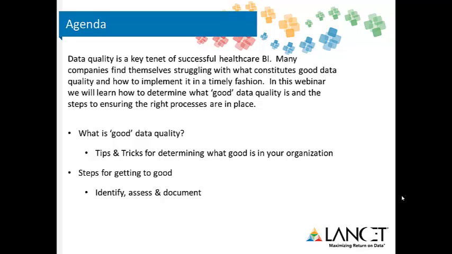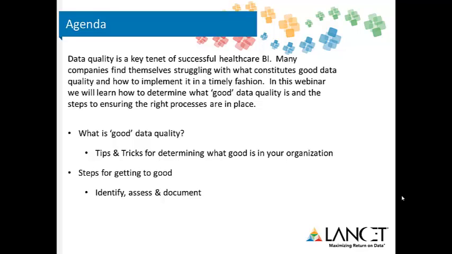So today, our first step in healthcare business intelligence success is data quality. And this is a key tenet of successful healthcare BI, in my opinion. And obviously, it's a key tenet in success of any business intelligence program. But I do think that it plays a much more important role for healthcare business intelligence because inaccurate data, or what is perceived to be inaccurate data, can really not only impact user adoption from a business intelligence program perspective, but also has the potential of presenting information that just isn't accurate.